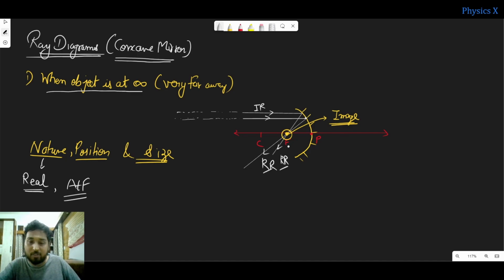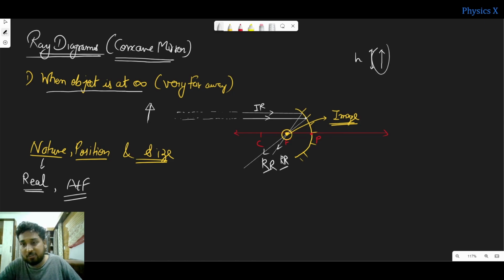And what about the size of the image? This object is very far away. Suppose some height of the object will be like this. We represent the object like this arrow, where the height of this arrow represents the height of the object. Somewhere at infinity this object is placed.